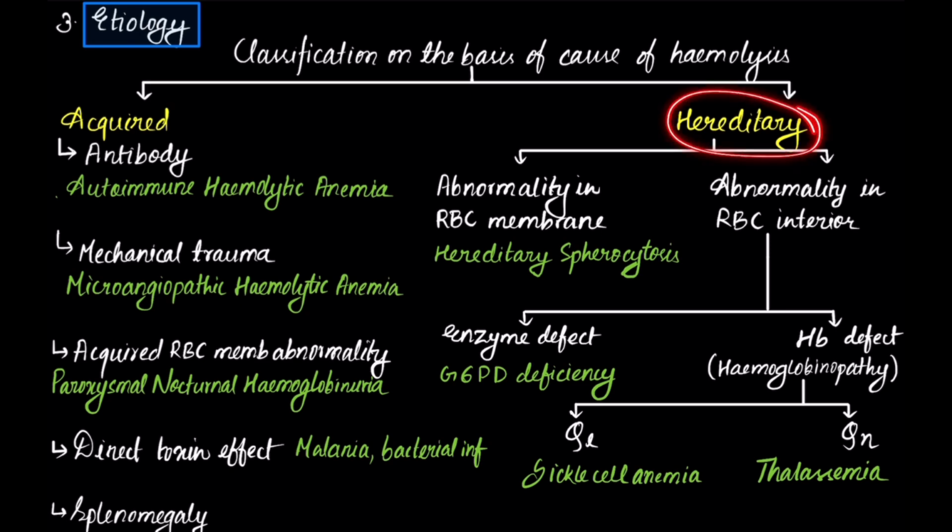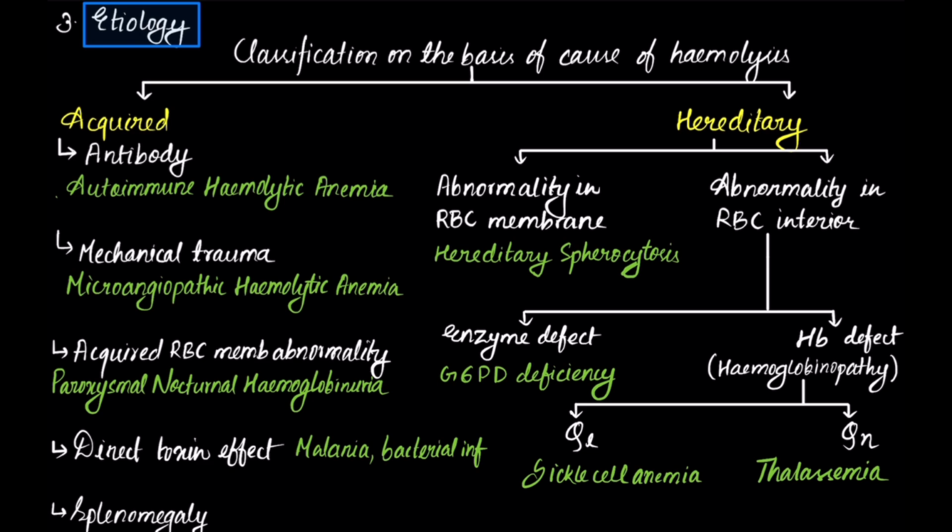So hereditary hemolytic anemia is due to some disorder specially related to genetics which occurs by birth itself. Acquired hemolytic anemia is where the reason behind the hemolysis of RBC is acquired later on in life after birth, not by birth. Within hereditary also, the genetic disorder can lead to abnormality of the red blood cell.